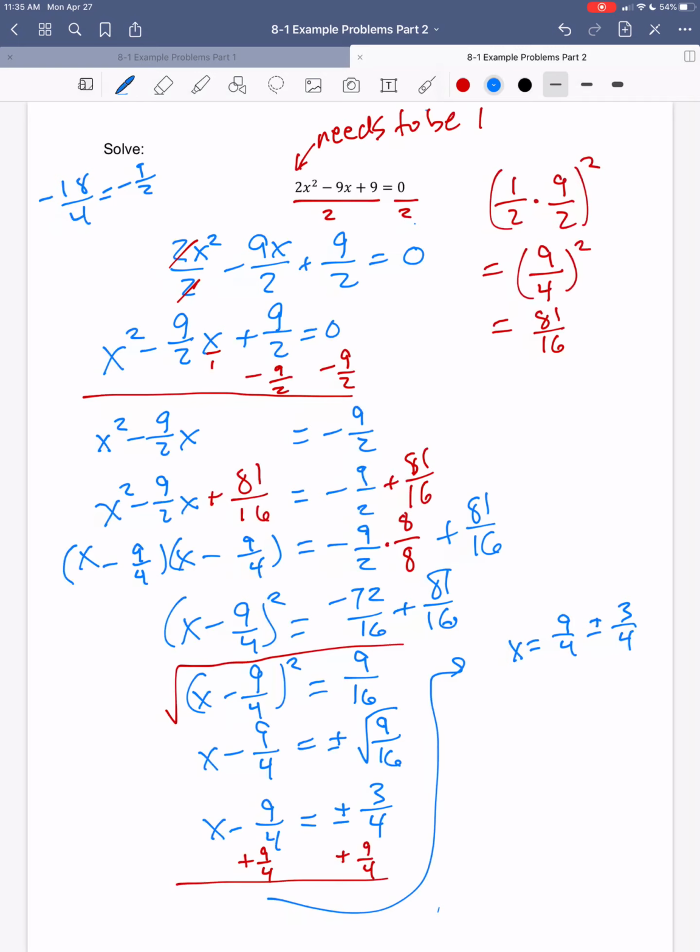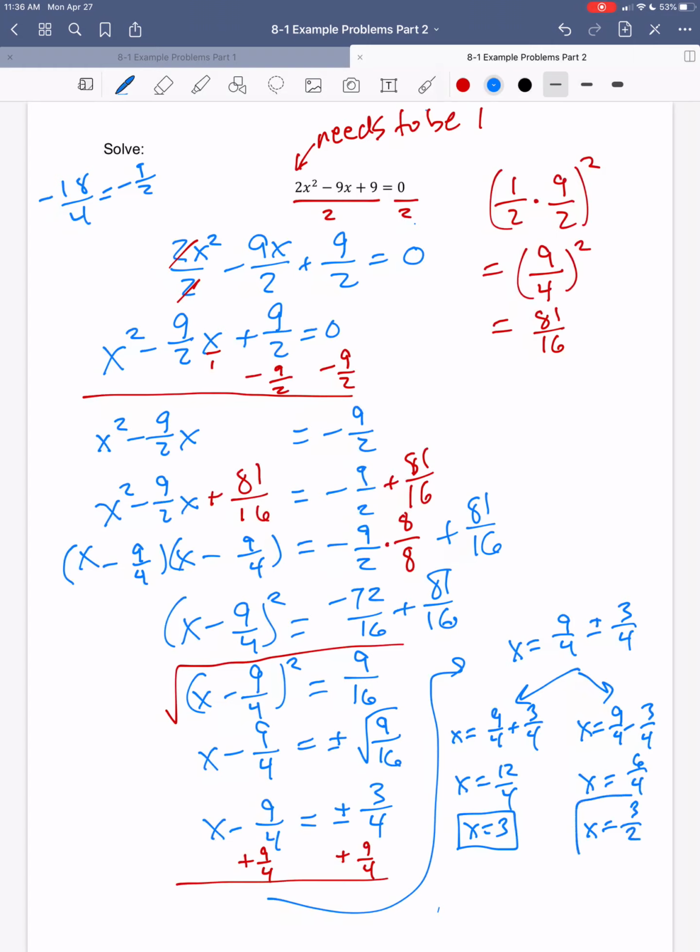Since those are exact fractions, I can split this up. So one of my solutions is x equals 3. The other would be 9/4 minus 3/4. So that would be 6 over 4. I can divide top and bottom by 2, and I get 3 halves. So those would be my two solutions.